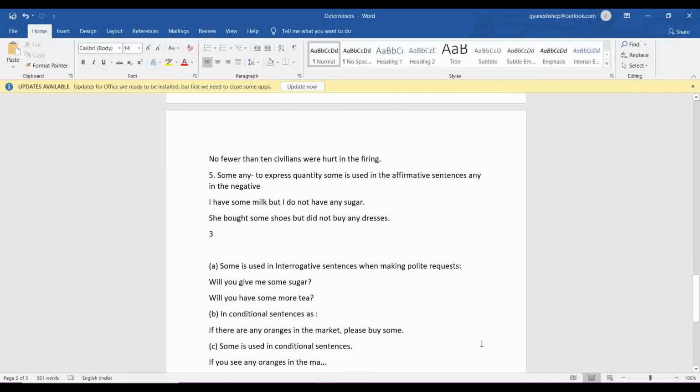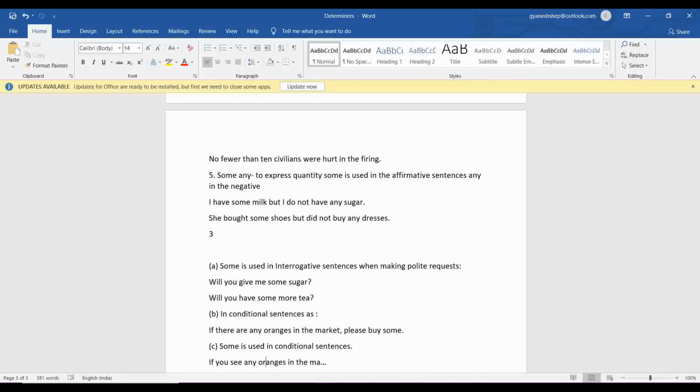Again, some is used in interrogative sentences when making a polite request. When you make a polite request, at that time you will use the word some. Second thing, some is used in conditional sentences.